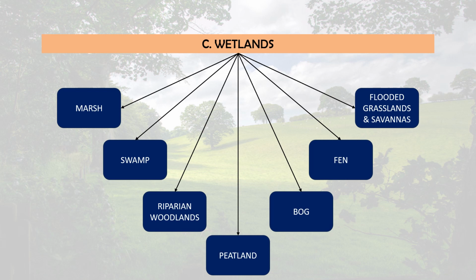So, the next one is peatland or mire. These are the wetlands with accumulation of undecomposed plant material like peat. Next one is bog.